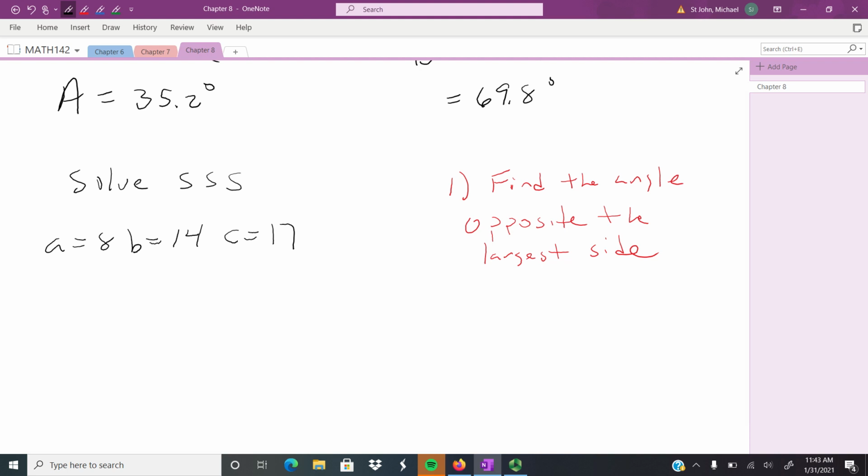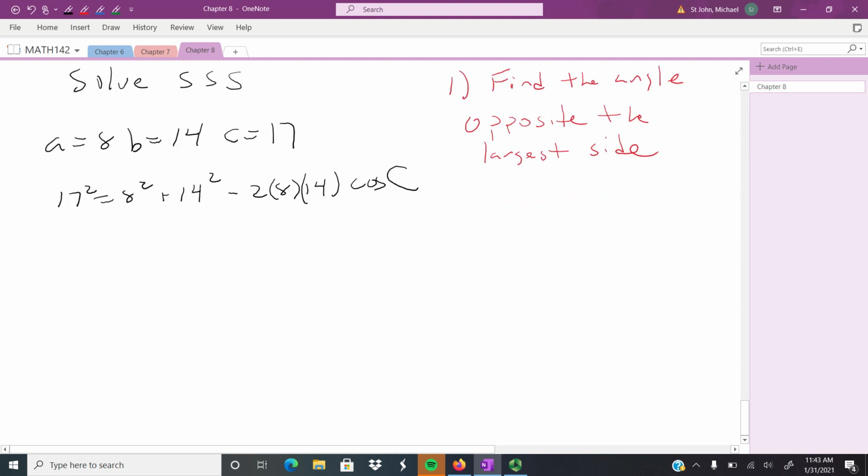And so we're going to have 17 squared equals 8 squared plus 14 squared minus 2 times 8 times 14 cosine of C. Well, we start doing this out. This is going to be 289 equals 64 plus 196, minus 224 cosine of C.